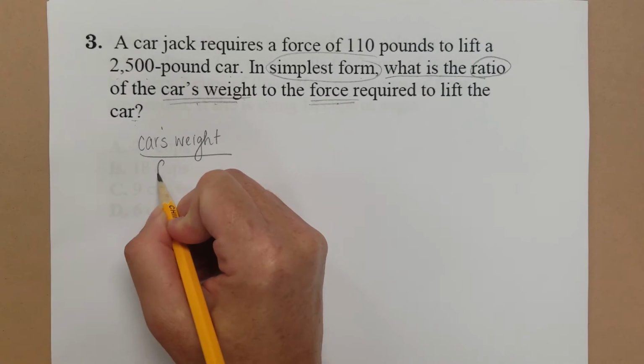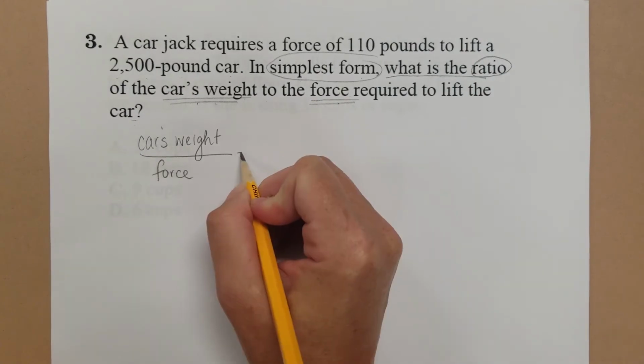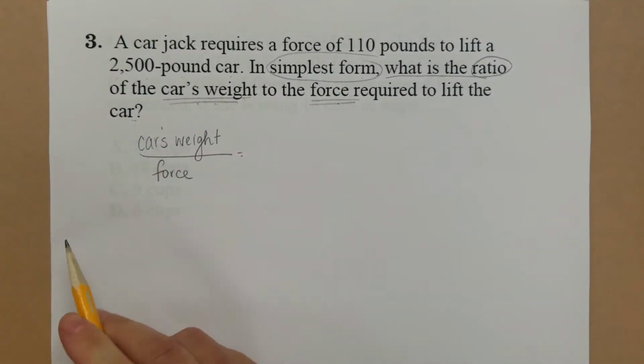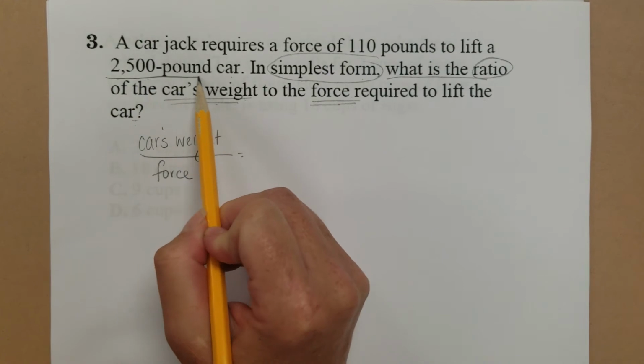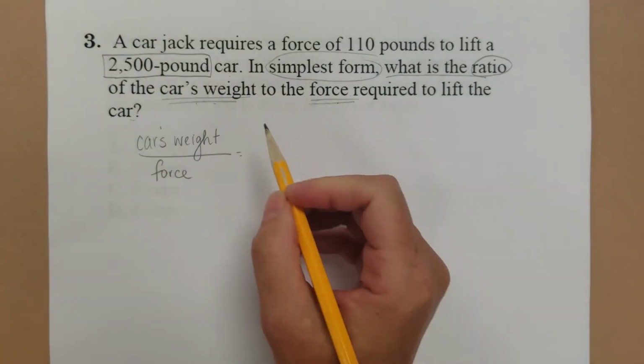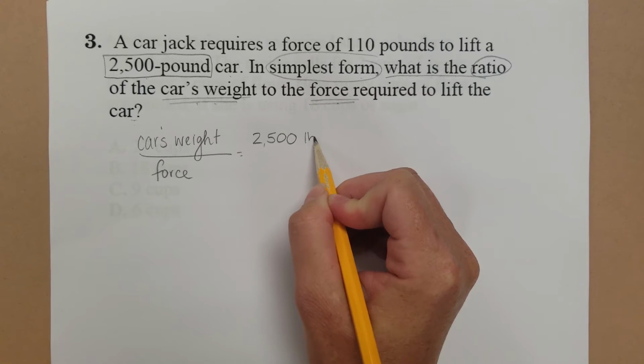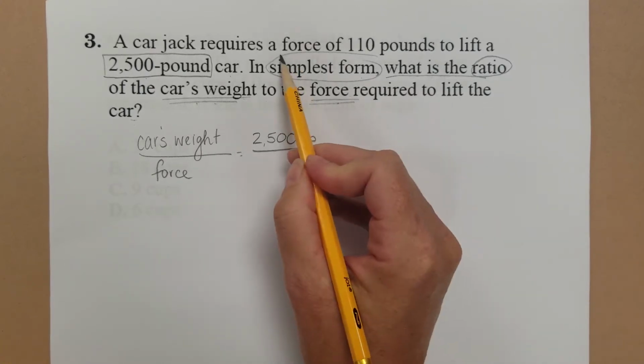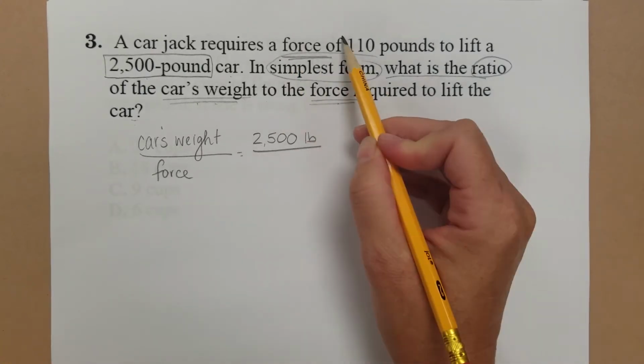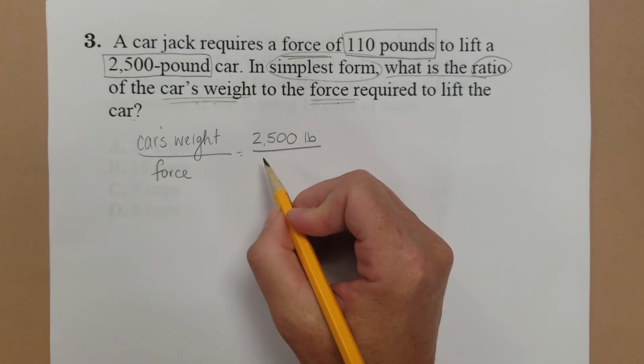So we have the car's weight over the force. In my problem, I see that the car weighs 2,500 pounds, and the force needed to lift that car would be 110 pounds.